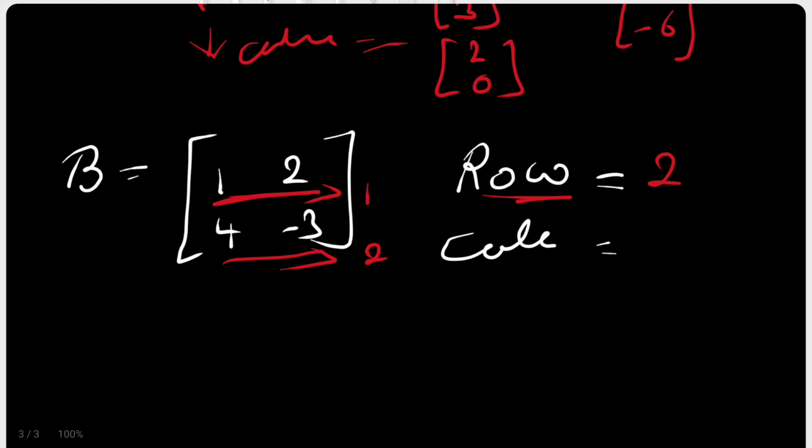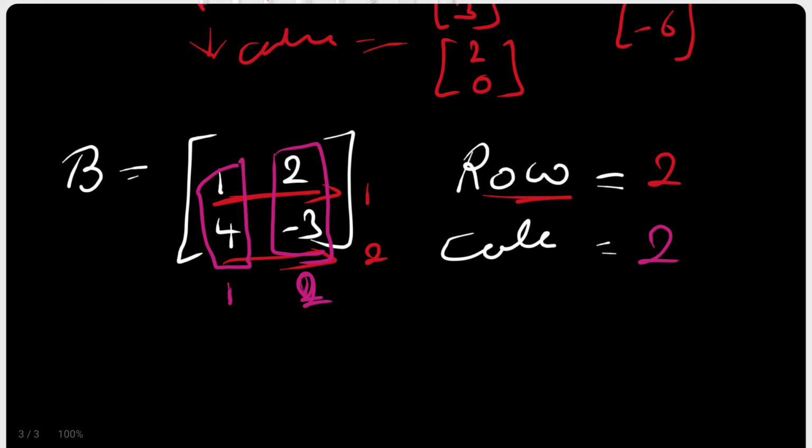Let me verify. This is going downside. It means that this is 1 column, this is going one side, this is going down. This is the first one and this is the second one. It means that we have 2 columns.